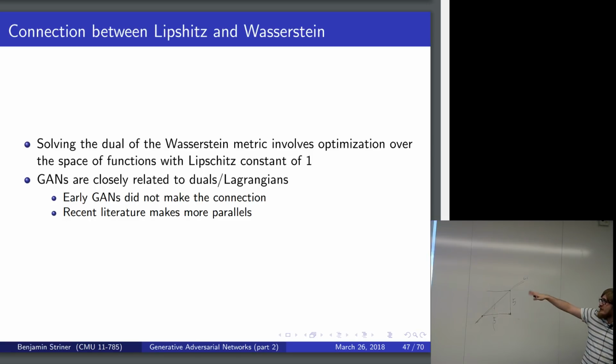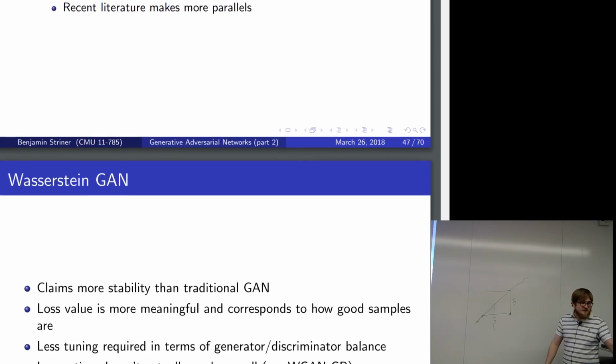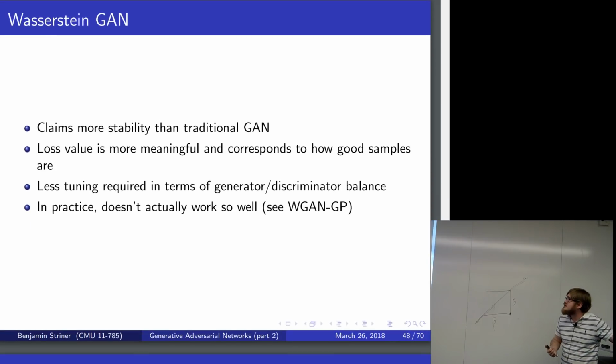So this was the earliest connection with like, hey, maybe GANs are related to Lagrangian, and so on. And then as the literature has evolved since then, it's become much more of a stronger comparison between the two of them. So Wasserstein GAN: more stable than traditional GAN, loss values are more meaningful. But the problem is actually when you do it, it doesn't work out that well.